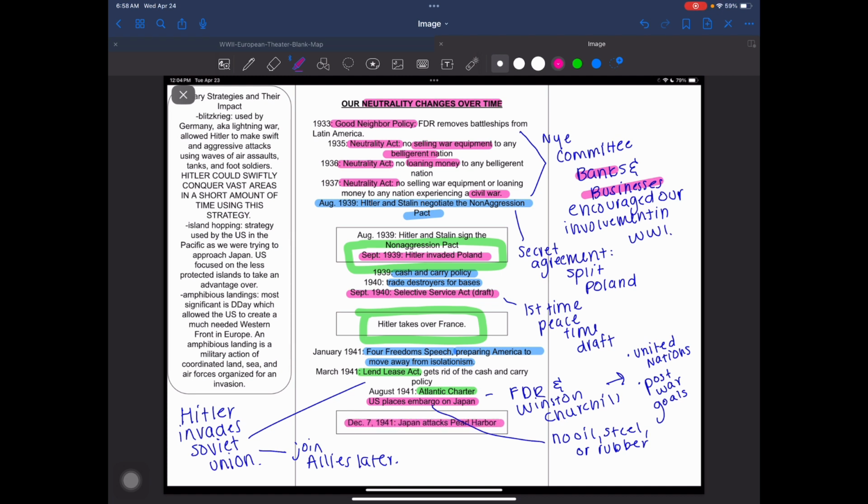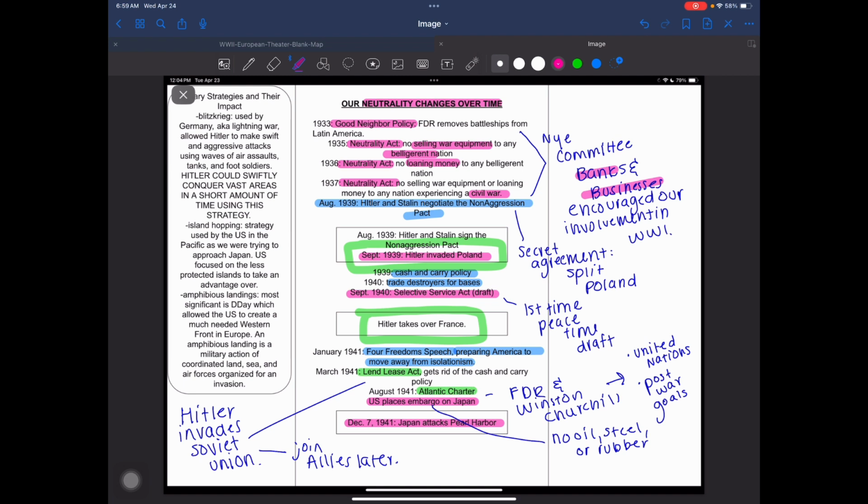And on December 7th, 1941, very early in the morning, on a Sunday morning, Japan launches one of the most devastating attacks on American soil. The only other attack that comes close to this one, of course, is the attacks on 9/11 with the Twin Towers and the Pentagon and so on. So that is going to be what brings us into this war.